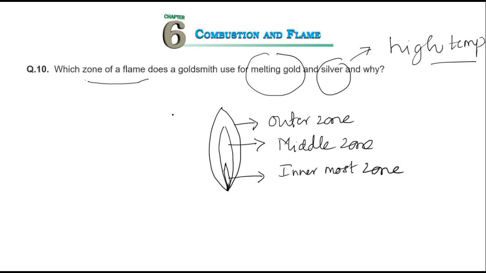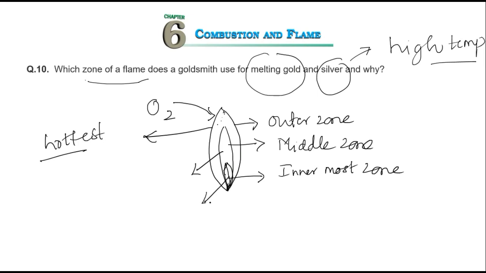Now remember, more oxygen from outside is available to the outer zone, and that is why the outer zone is hottest. Complete combustion takes place in this zone, whereas in the middle zone partial combustion takes place, and very little combustion takes place in the innermost zone.